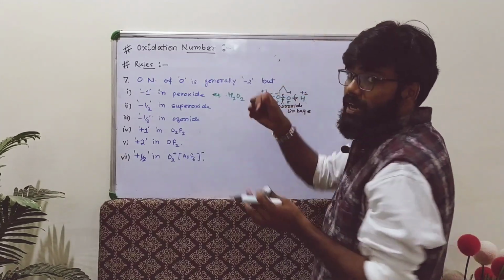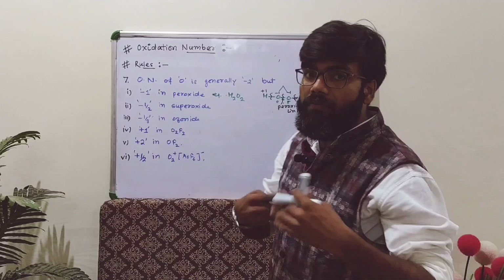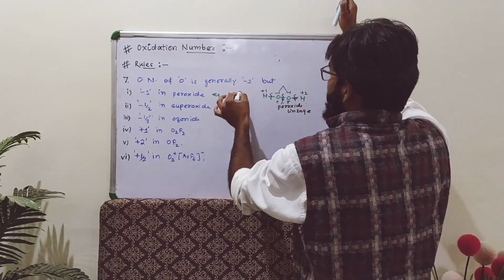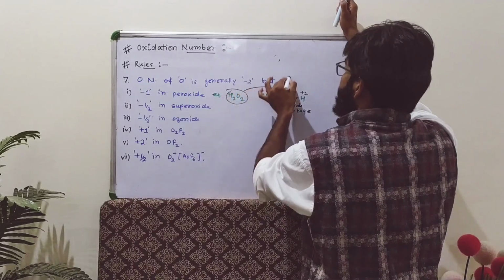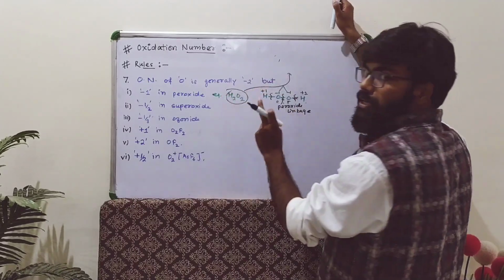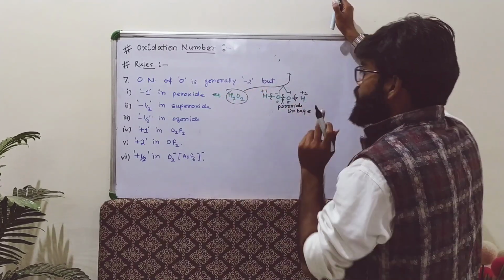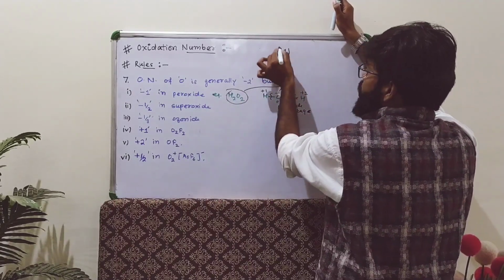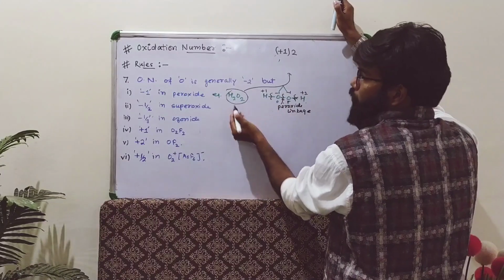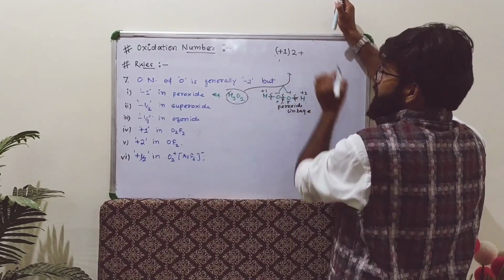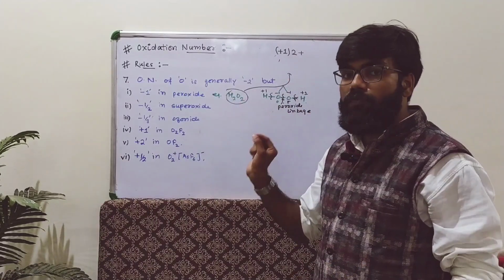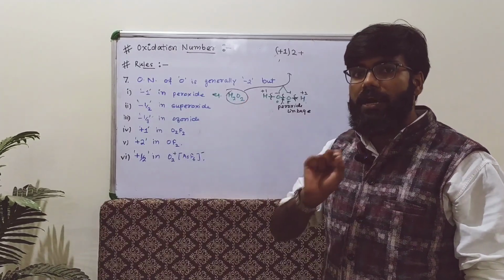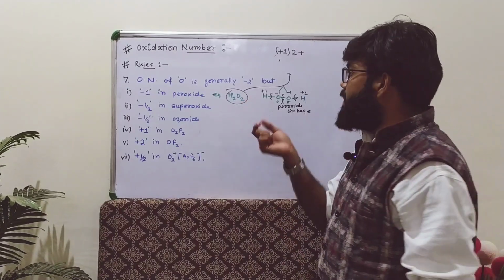We can do it another way because we have studied other rules. Applying the first rule over this compound: generally the oxidation number of hydrogen is +1, so +1, and here 2 atoms are there, so into 2. Coming to the next atom, we have to add plus. We are going to find the oxidation number of oxygen, so let us consider its oxidation number as x.